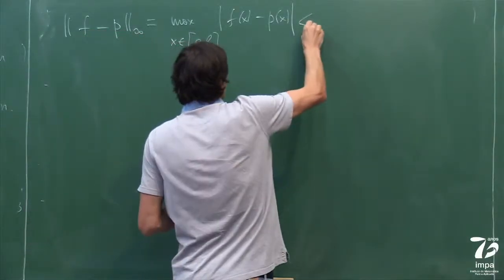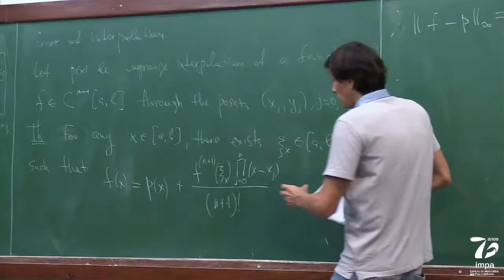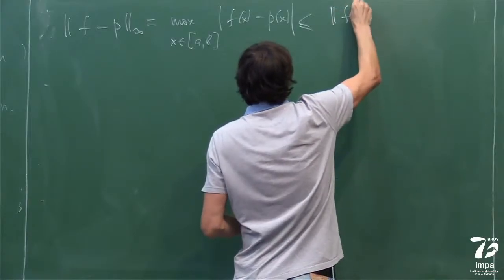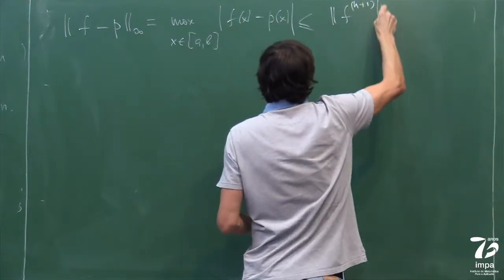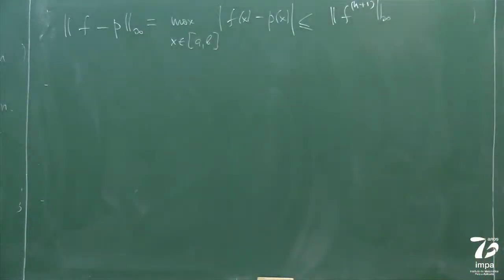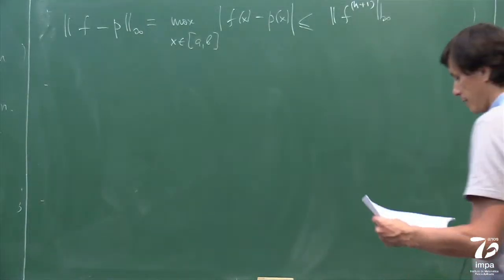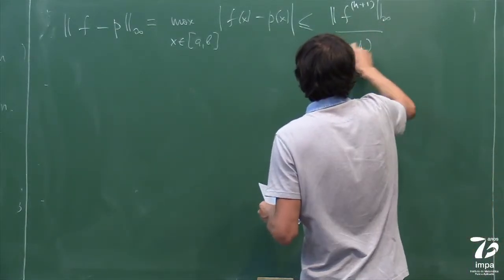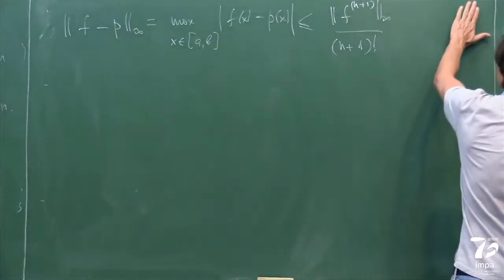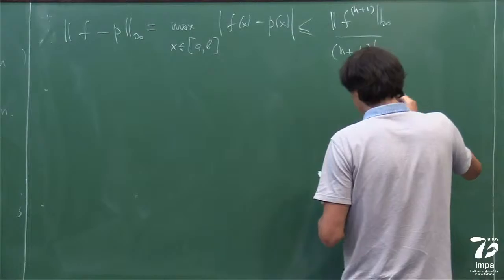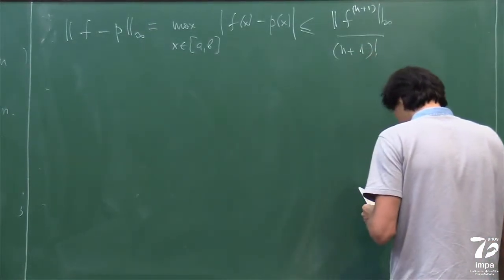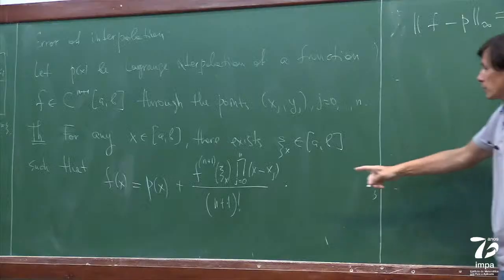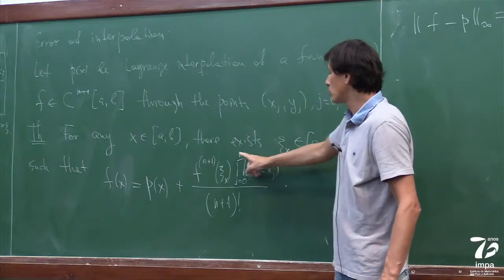So this can be bounded by, this coefficient can be estimated by the norm of the derivative, which is the maximum of the norm, divided by n plus 1 factorial, this is just a constant. And now it should be multiplied by the maximum of this expression.